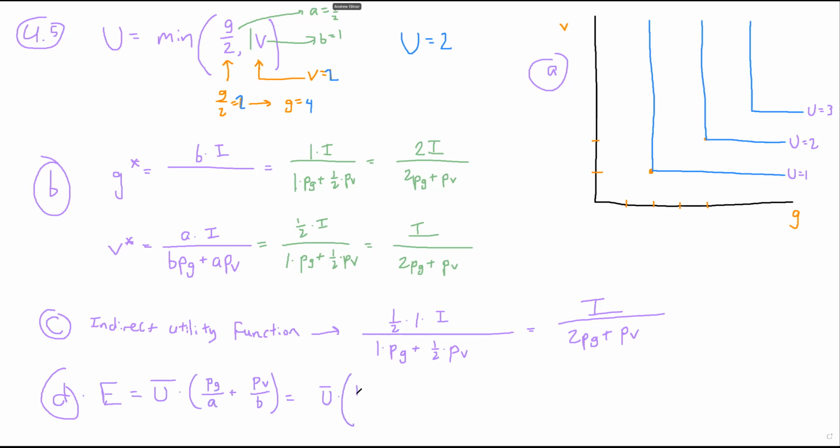We don't know what PG is, we leave it as PG. However, we do know the value of A is 1/2. We don't know the value of PV, we leave it as PV. But we do know the value of B. So after some small simplification, you can call this U bar times 2PG plus PV. And that would be your expenditure function. Any questions on that?